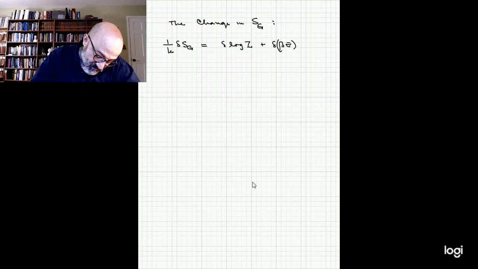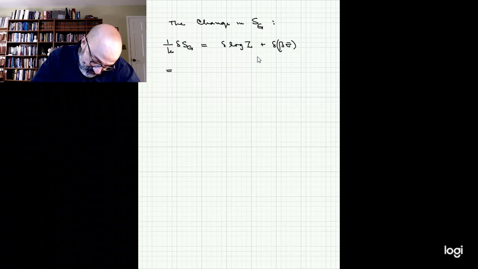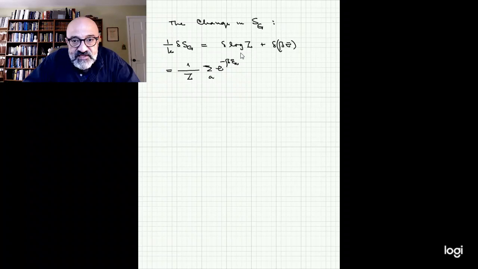So we proceed. When we do the change in the log of Z, we're going to have 1 over Z, the sum of the change in the partition function.